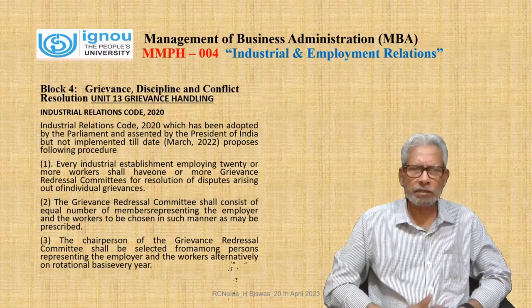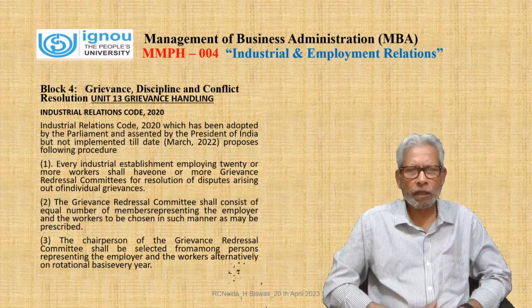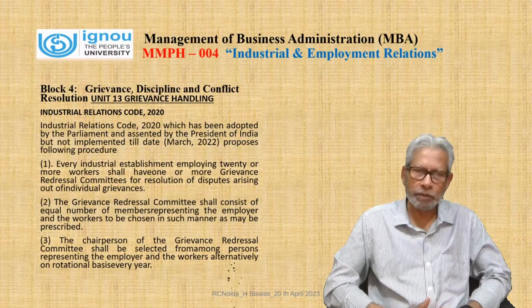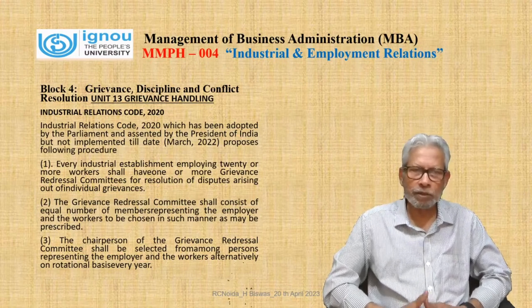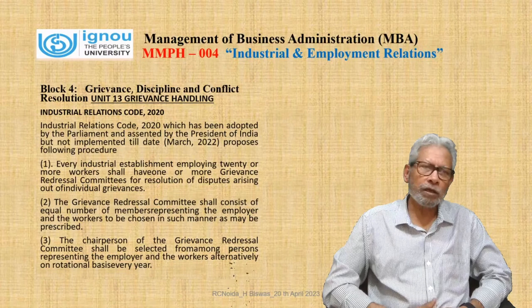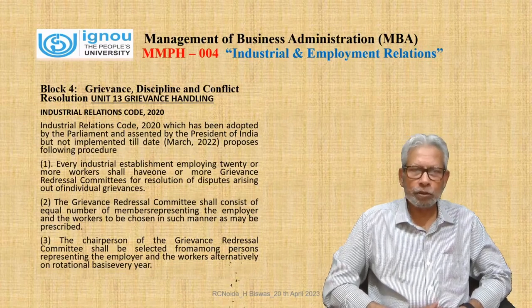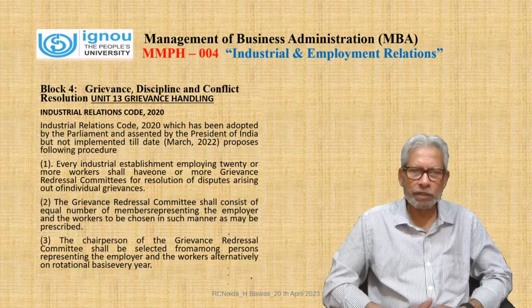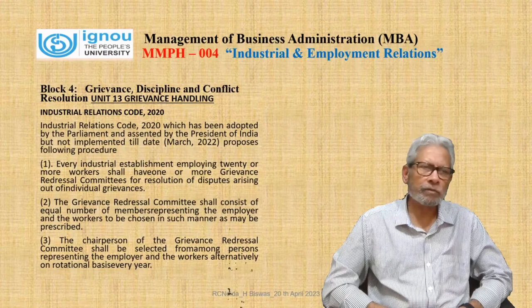Every industrial establishment employing 20 or more workers shall have one or more grievance redressal committees for resolution of disputes arising out of individual grievances. So you should have a grievance cell if you have more than 20 employees.